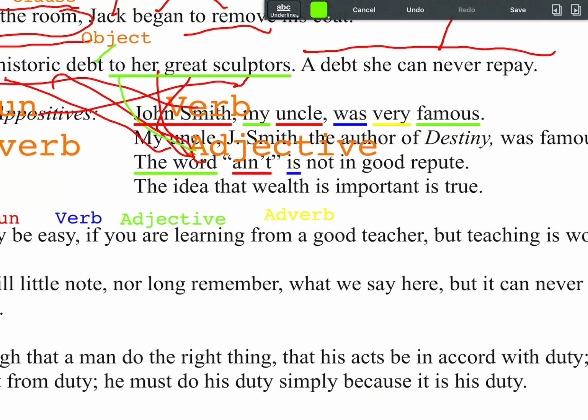So the concept here is that the word "ain't" is, and then "not in good repute" is an adjective phrase because it's telling us something about "ain't." So as a group, "not in good repute" is an adjective.